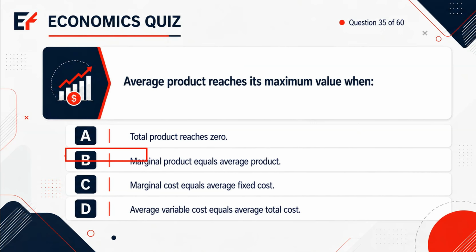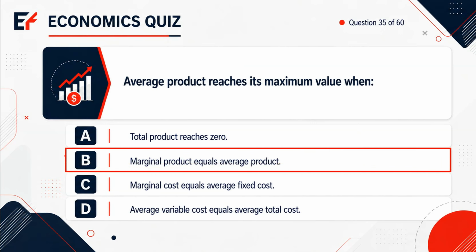Let's connect the two measures. Average product shows the output produced per unit of the variable input. Marginal product shows the additional output produced by one more unit of that input. Average product rises while marginal product is above it and begins to fall once marginal product drops below it.